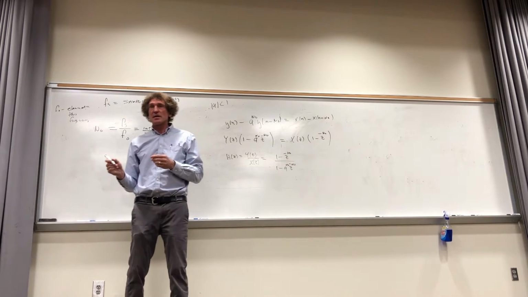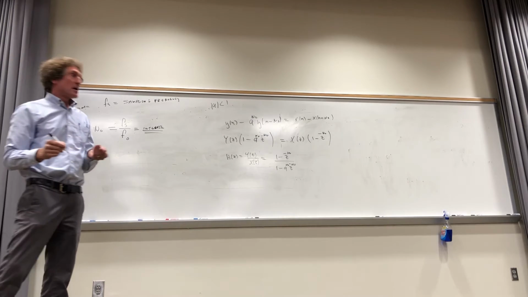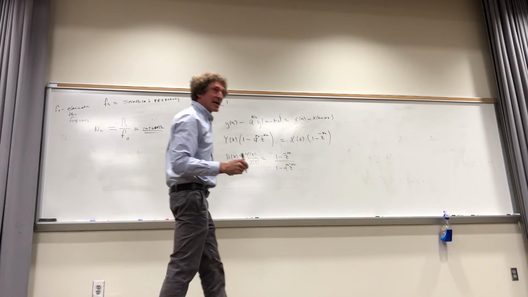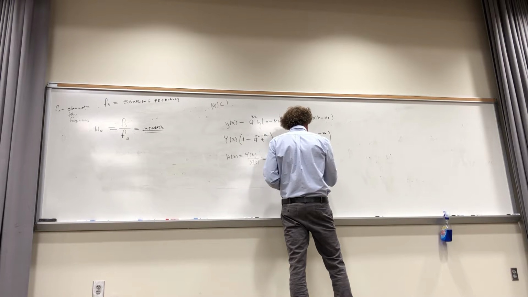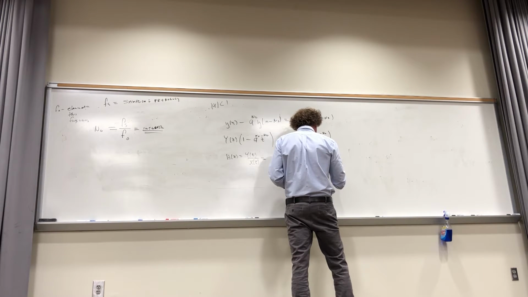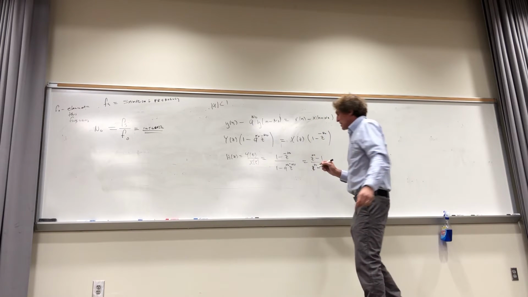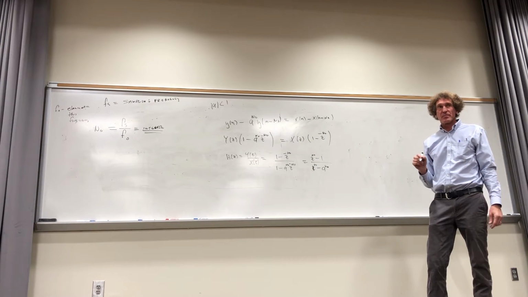I'm just restating it. And then I'm going to multiply top and bottom by z to the n naught. And I end up getting z to the n naught minus 1 over z to the n naught minus a to the n naught. So everybody follow me on this? This will make sense to you.